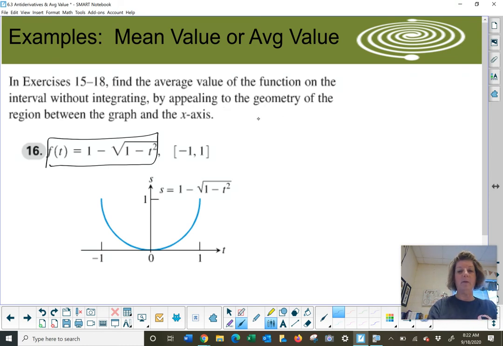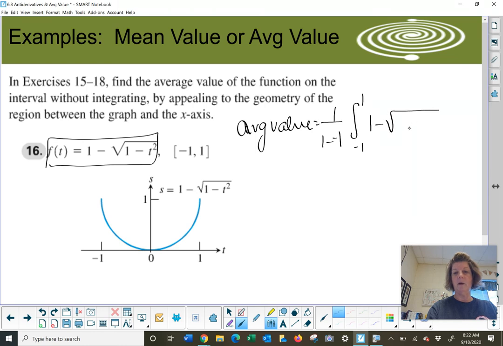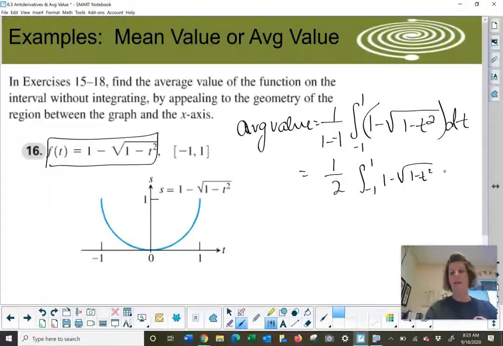So average value is equal to 1 over b minus a, integral a to b, of 1 minus square root of 1 minus t squared dt. Yeah, it would be lovely to have the calculator do this for us, wouldn't it? 1 over 2 integral negative 1 to 1 of 1 minus square root 1 minus t squared dt.